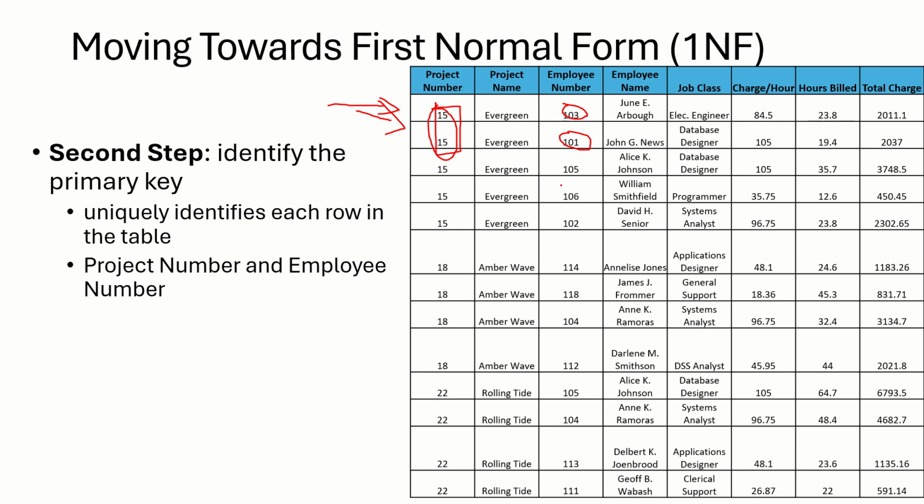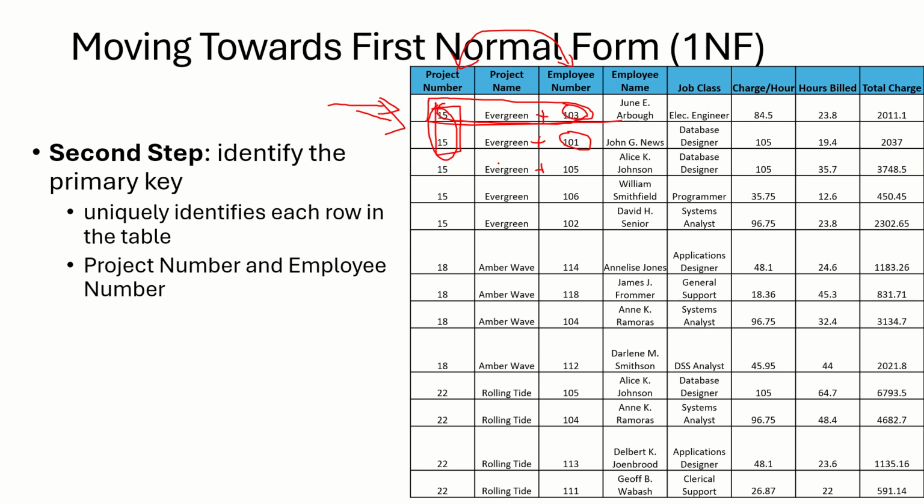So in that case, we can consider using the project number and employee number. When we combine them together, we consider them the primary key because it's unique. If you say 15 plus 103, combined together, this is a unique number. 15 101, 15 105, 15 106.